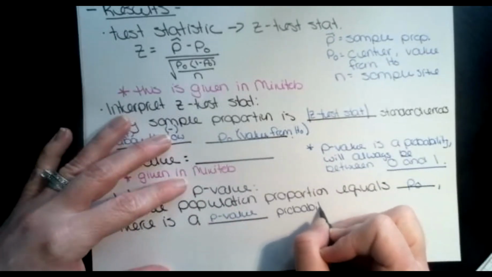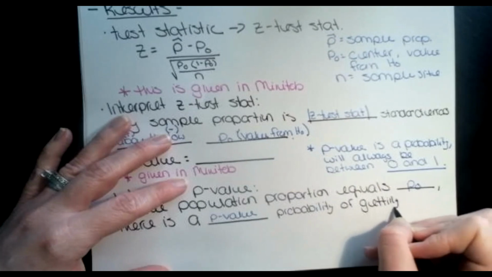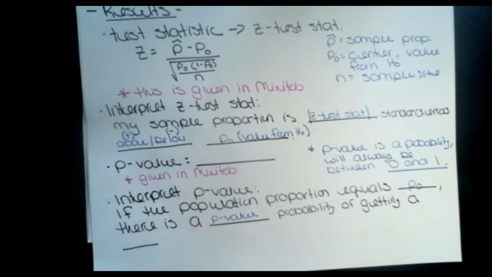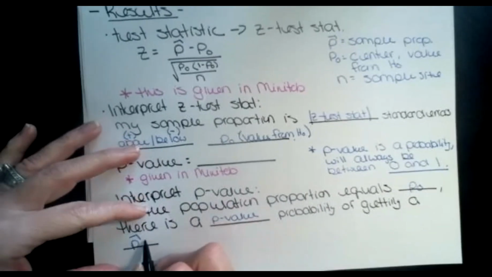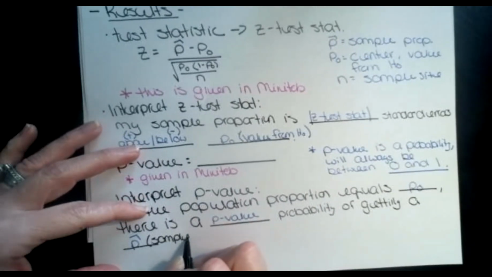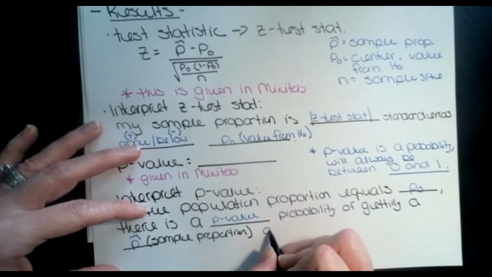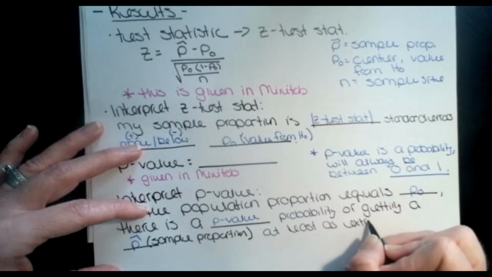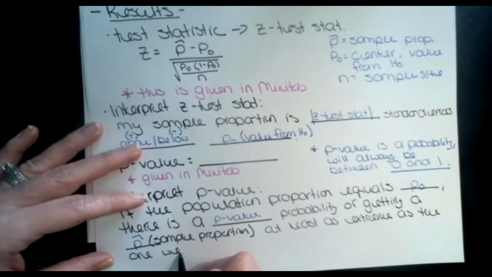Probability of getting a P hat. I'm just going to write P hat, or you can write sample proportion, at least as extreme as the one we got from sampling.